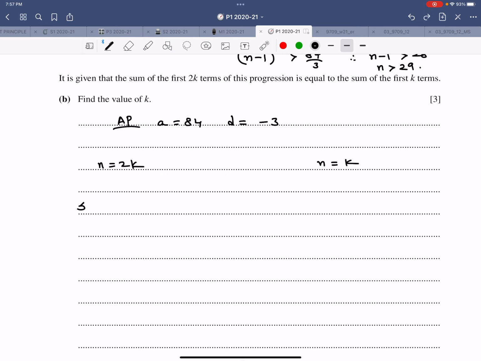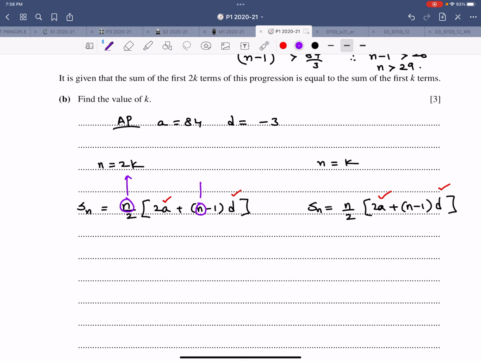That is n divided by 2, 2a plus n minus 1 into d. And again, Sn is n divided by 2, 2a plus n minus 1 into d. Now we already know what is a, we already know what is d. What is the new thing? The new thing is, in this scenario, n would be 2k, and this n would also be 2k. And in this scenario, n would be k, and this n would be k. That's the only new thing and nothing special.